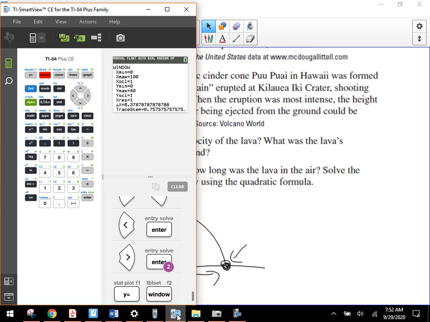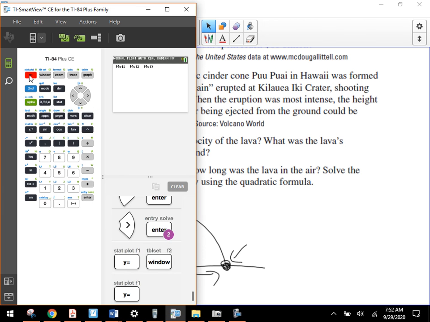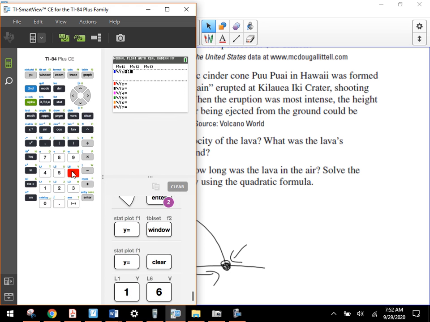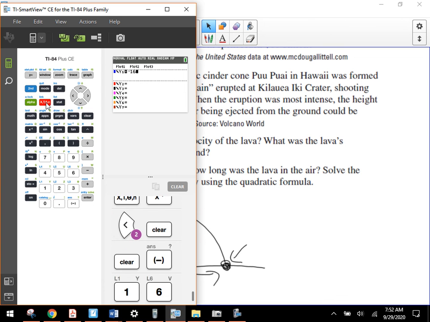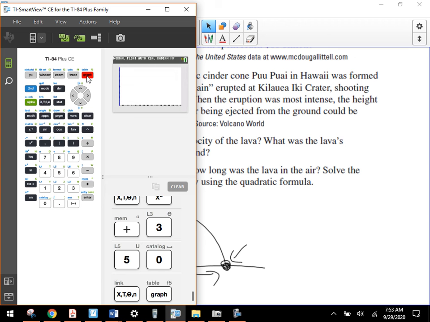So if we did that in the calculator real fast, I go to my y equals, excuse me, back that out, negative 16. Obviously, we're using x, because that's what we have, x. Negative 16x squared plus 350x. And we go to our graph, and we'll see if we can find where our zero occurs.